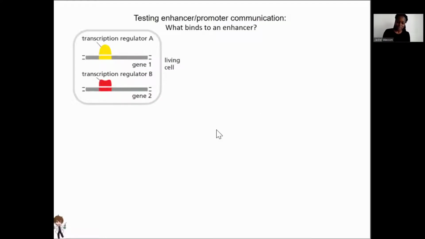One experiment that can tell you this is something called a chromatin immunoprecipitation, or a ChIP. So here you have a cell where you have two regulatory regions, we call these enhancers, and they bind two different transcriptional regulators.